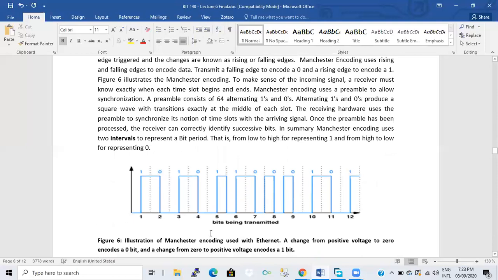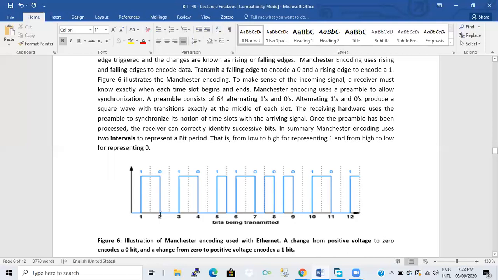So they are calling these rising, like if it goes up, it's a rising edge. If it comes down, it's a falling edge. So Manchester encoding uses a rising edge as well as a falling edge to represent your data. So a 1 is represented by a rising edge, and then a 0 is represented by a falling edge.